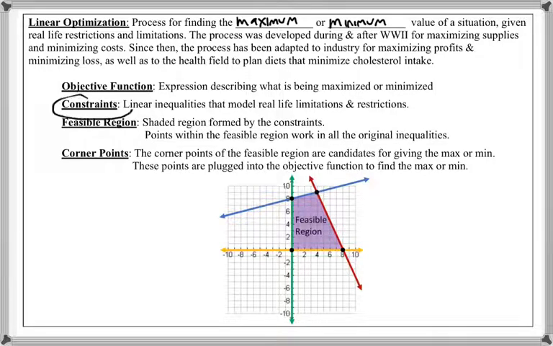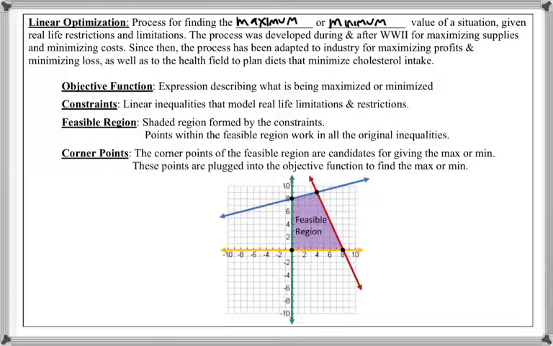Next we have the constraints, and these are linear inequalities that model real-life limitations and restrictions. We did work with linear inequalities in the previous section, so this is very much related to that. Next is the feasible region, which is the shaded region formed by the constraints.